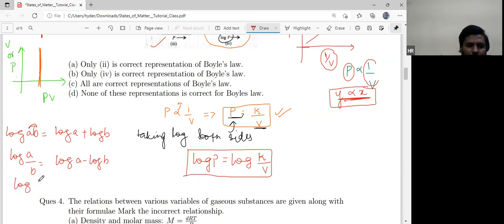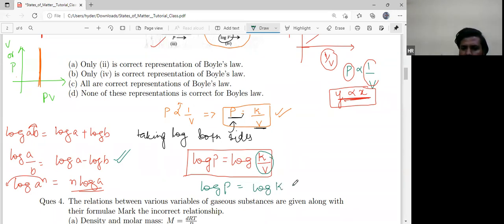And log A raised to the power n becomes n log A. So here it is in division, so I will use this formula. The new relation will be log P is equal to log K minus log V. Can I write it according to the logarithmic law?